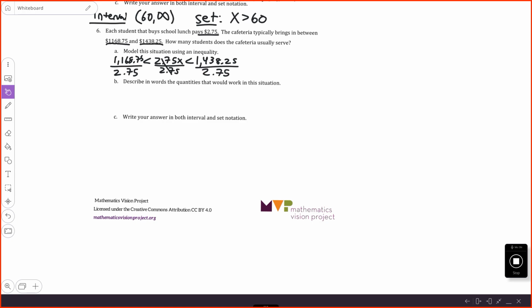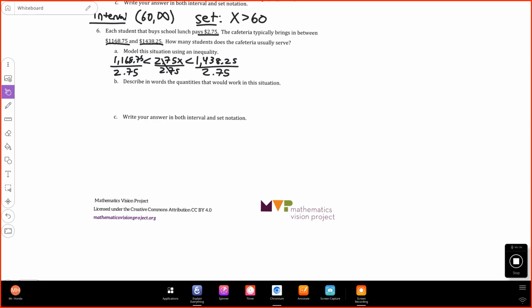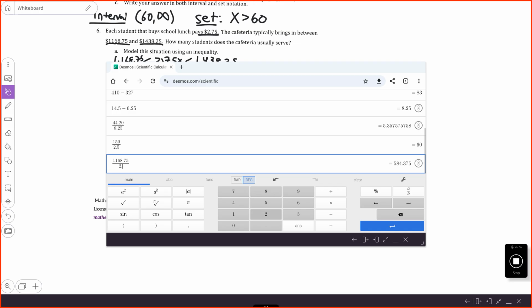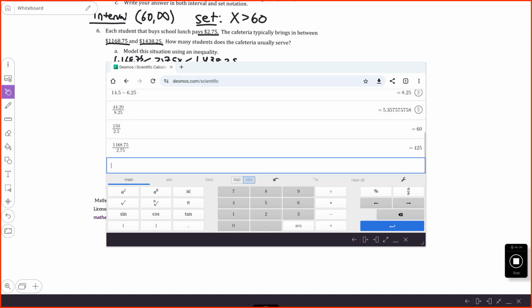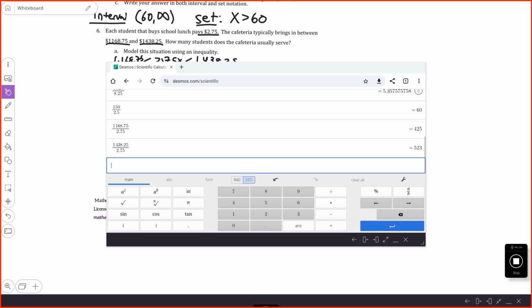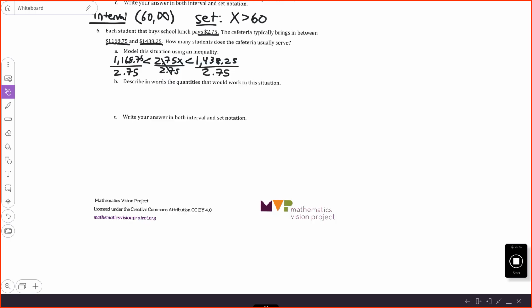So 1,168.75 divided by 2.75 and 1,438.25 divided by 2.75 means we are between 425 and 523.